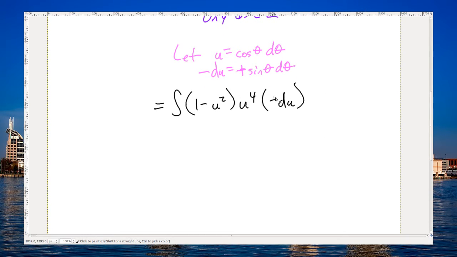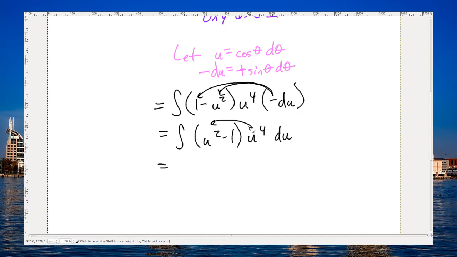All right, so I'll multiply out that negative to get u squared minus 1, u to the 4th du. I'm just taking that negative and hitting this and that with it. So the u squared becomes positive, 1 becomes negative, and then I can multiply out u to the 4th du.